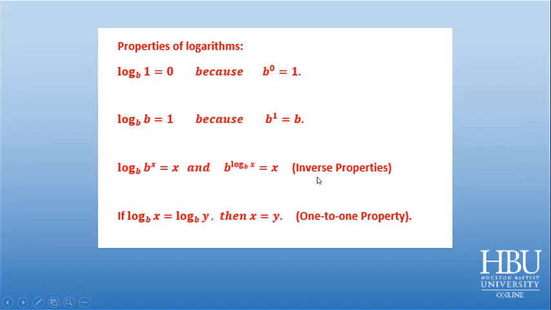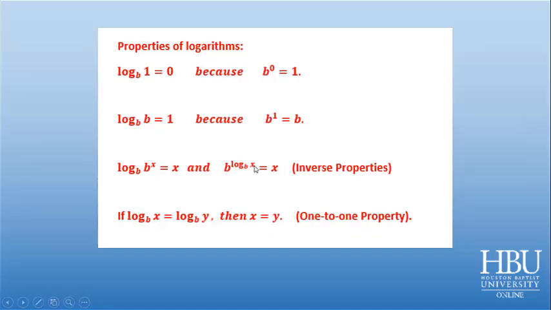These are inverse properties. The logarithm and the exponentiation are inverse relationships. So if you first raise b to the exponent of x and then take the logarithm of that to base b, you end up with just the x you started with.